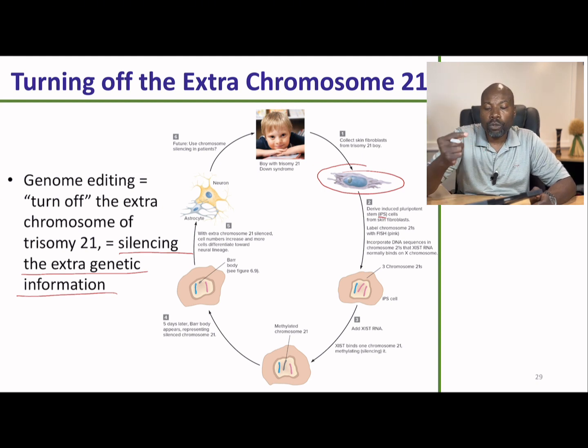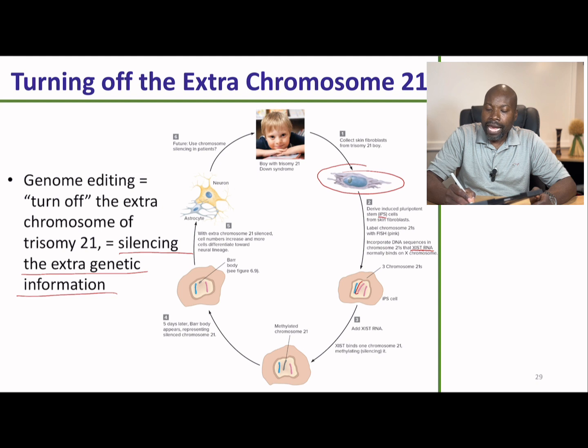And as they are modified to become stem cells, they are going to be treated with a particular chemical, basically the XIST RNA.